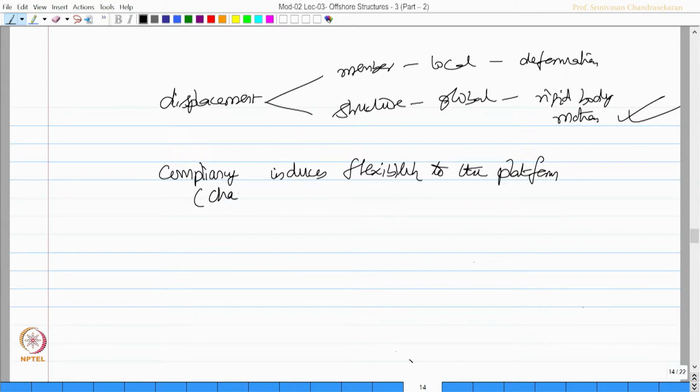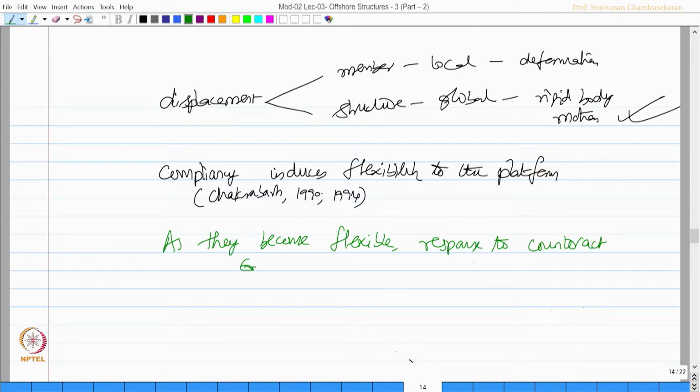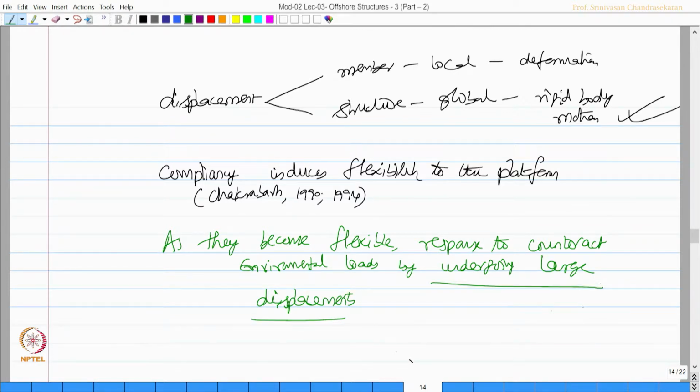So, this is verified by various studies available in the literature, Chakravarti 1990, 1994, etc. Now, as they become flexible, they respond to counteract environmental forces by undergoing large displacements. So, they undergo large displacements. The moment I say they undergo large displacements, then it happens in different degrees of freedom.